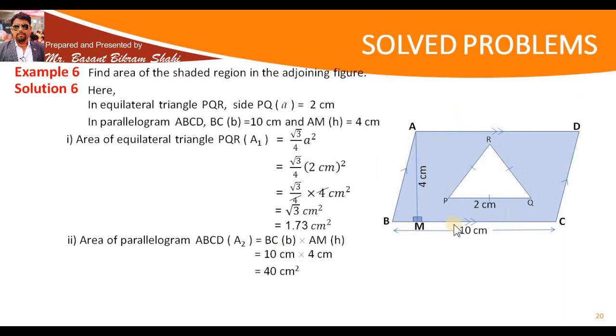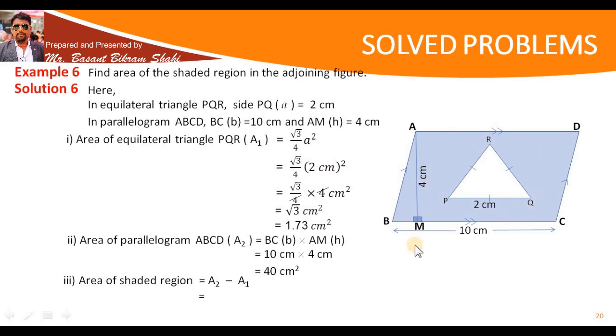Now we have got both the areas, area of parallelogram and also area of equilateral triangle. Now we subtract area of triangle from parallelogram. So area of shaded region is A2 minus A1. From A2, means from area of parallelogram, if we subtract area of triangle A1, we get this shaded region.